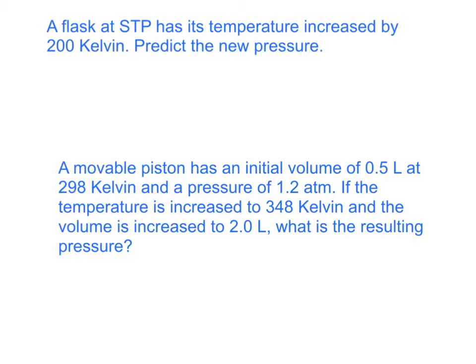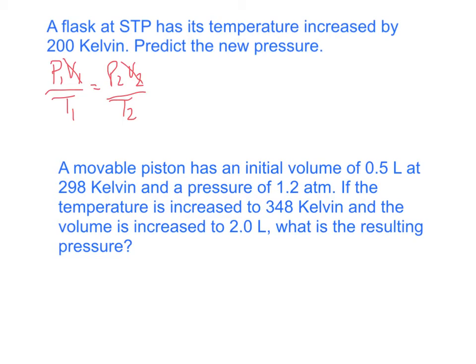Our equation is P1 V1 over T1 equals P2 V2 over T2. Since the volume term is the same in both, whatever the flask volume is is irrelevant. It could be 1 or a million, it'll still disappear. It divides itself out, so we end up with Gay-Lussac's law, P1 over T1 equals P2 over T2.